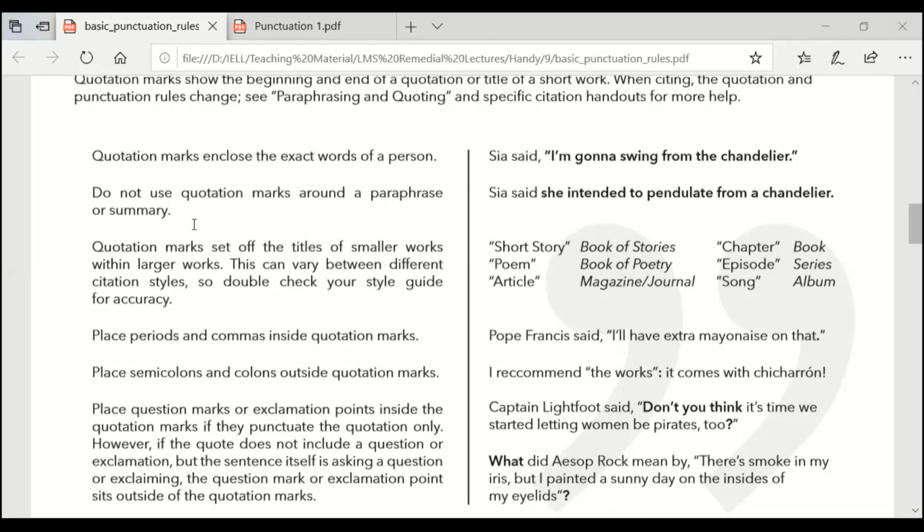Okay, do not use quotation marks around a paraphrase or a summary. This is a very important point to remember, and a very common mistake that we make is when we are changing the words that the person says.